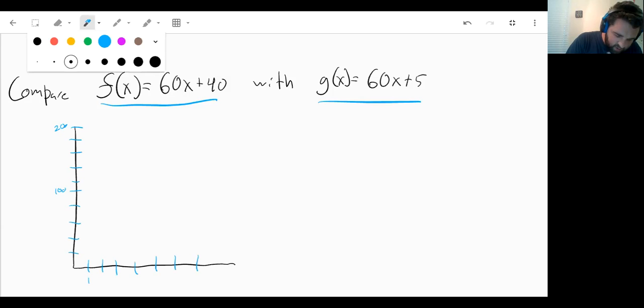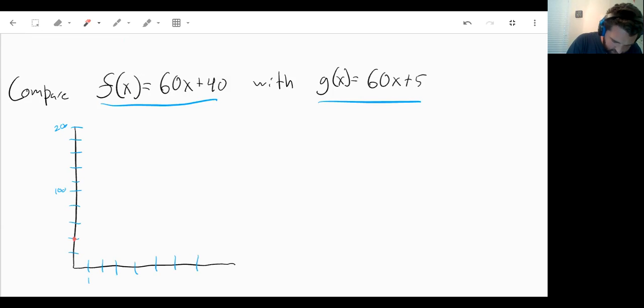So for this first one, let's do this in red. So we cross at 40, and then we go up by 60 each one. So at 2, we go up to 160, and then at 3, we're up to 220. So here's that first line.